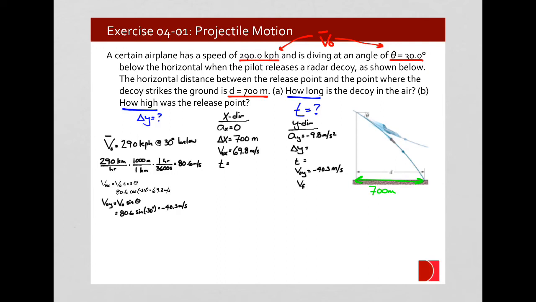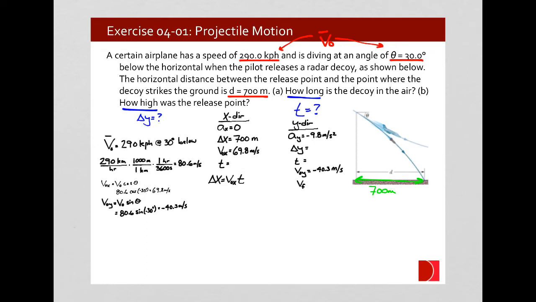Now what we see here is we don't have enough information right now to say anything about the y direction. We need a third value in the y direction. In the x direction, however, because the acceleration is 0, the x direction reduces down to delta x is the velocity in the x direction times time.